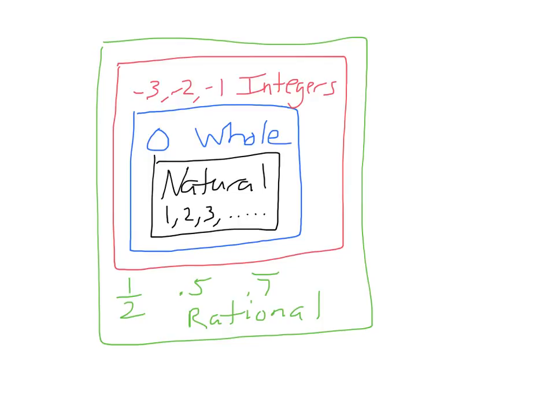Now, hold on. Okay, so this is where, as I said, we're going to stop for this lesson, but I just would like to show you a few other things, because there are other types of numbers. There are some numbers that we have that just don't fit the rational mold.